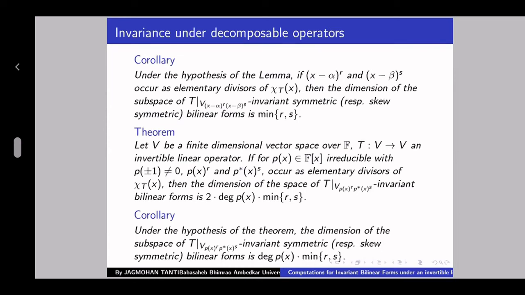So the degree of p(x) is getting multiplied. Again, in the corollary, we are talking about the symmetric and skew symmetric counterparts of this, and the dimension is coming as degree of p(x) times minimum of r and s.